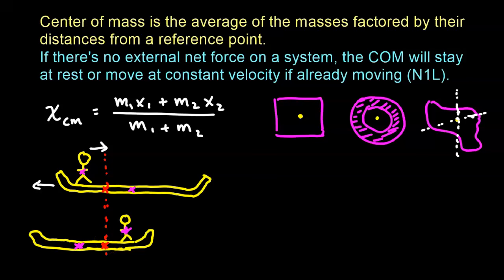So the big idea is that if there is no external net force on the system, the center of mass will stay at rest if it was already at rest. And if it was already moving, then it will stay at constant velocity. This reminds us of Newton's first law.